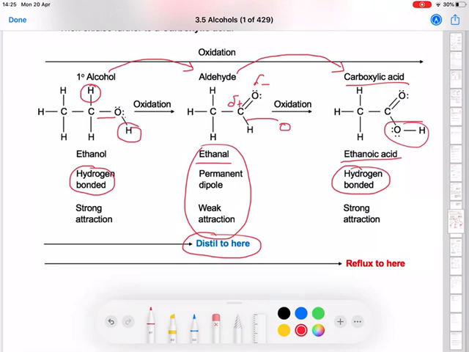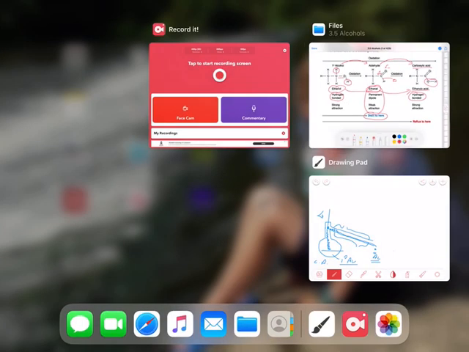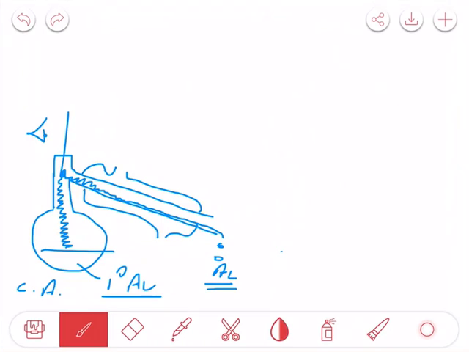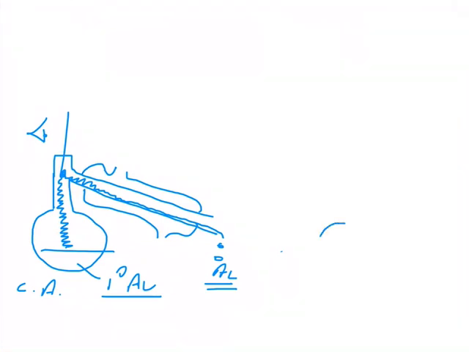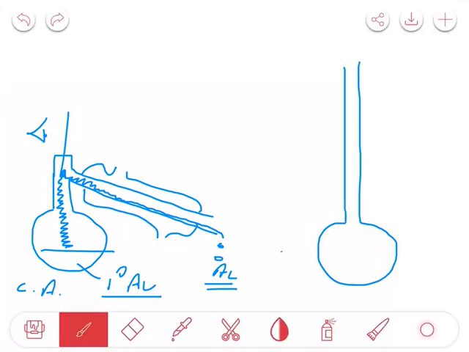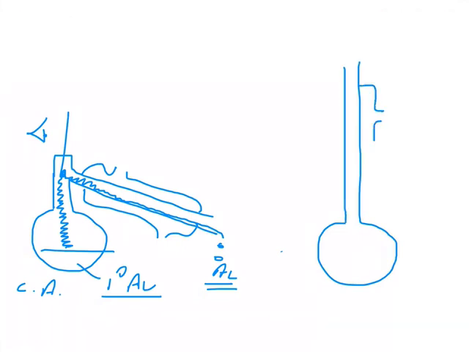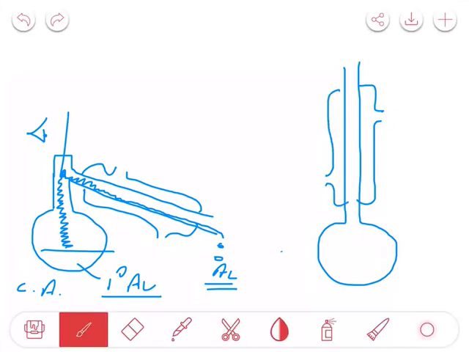If, however, I want to oxidize it from ethanol past ethanal all the way to ethanoic acid, I have to use reflux. The refluxing apparatus looks like this. We have the condenser on the top now, and what this does is stop any liquids from escaping. Down here, I've still got my primary alcohol, as before.